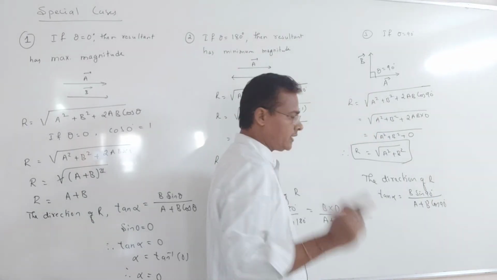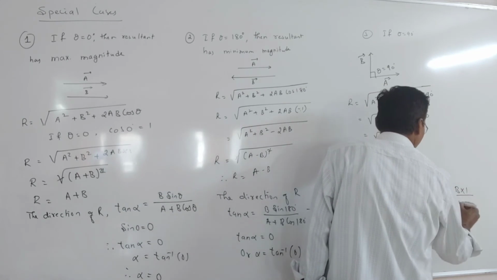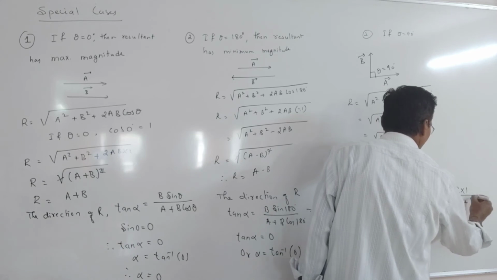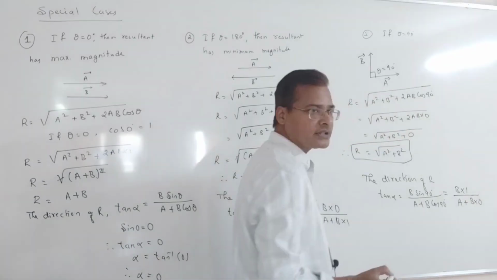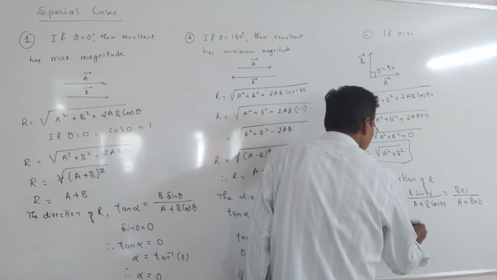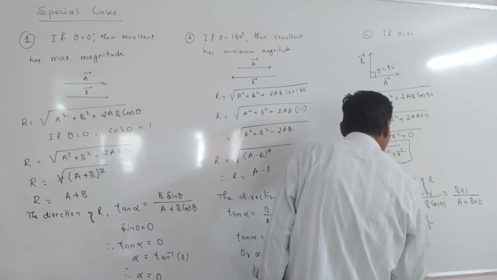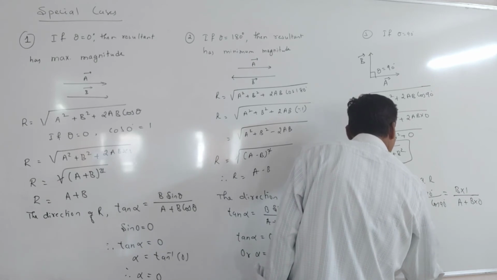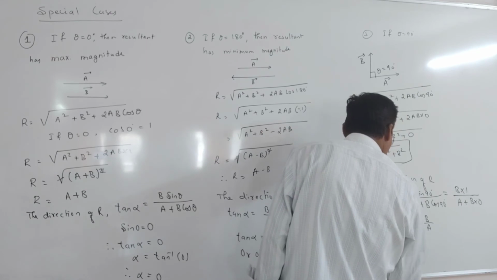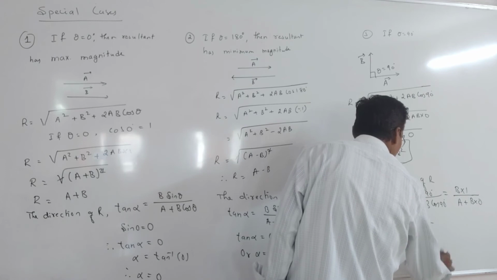Sin 90 is 1, so b into 1 divided by a plus cos 90, and cos 90 is 0. So therefore tan alpha equals b by a, and alpha equals tan inverse of b by a.